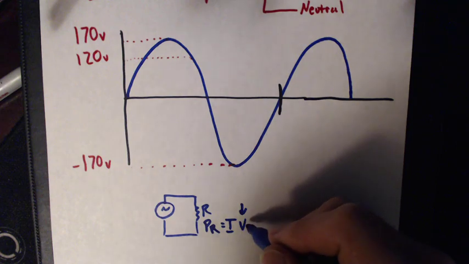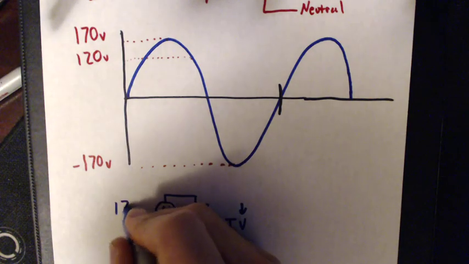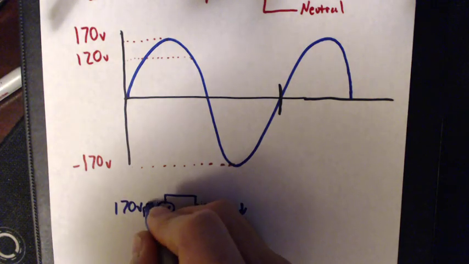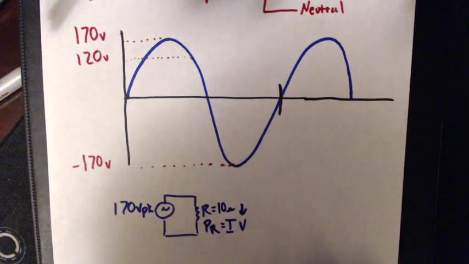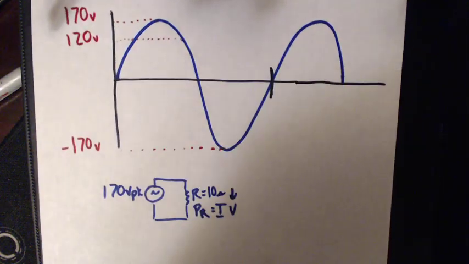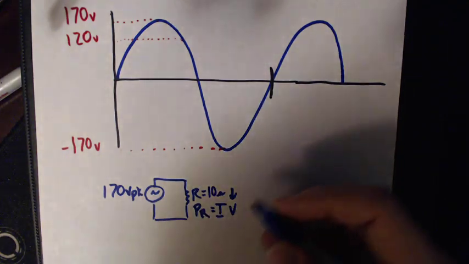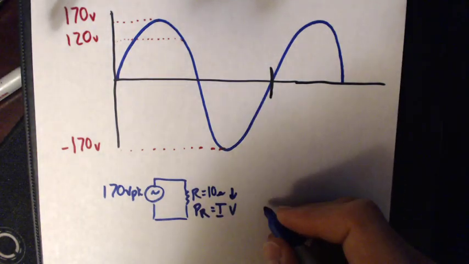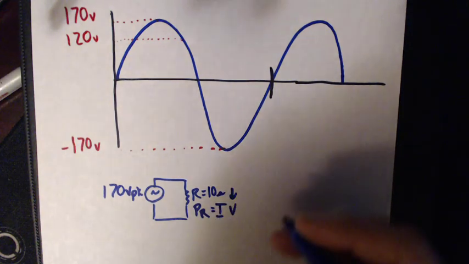Okay, I'll say that again. If we were to calculate, and let's just say 170 volts peak with a 10 ohm resistor, if we go ahead and calculate what the power is by plugging in 170 volts, well, first we'd have to calculate what the current is.